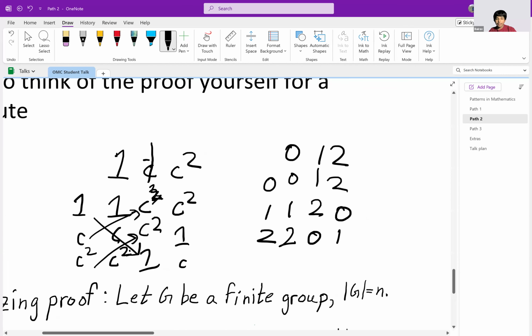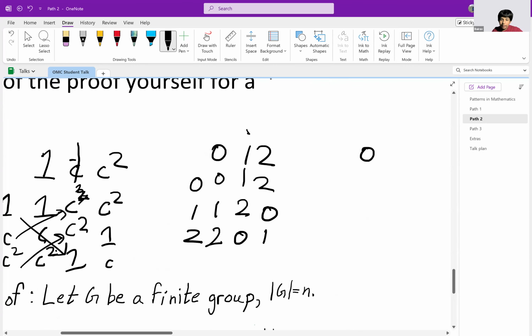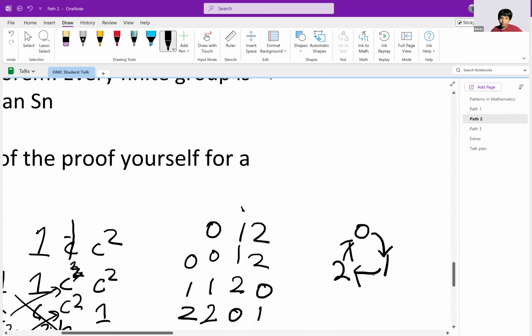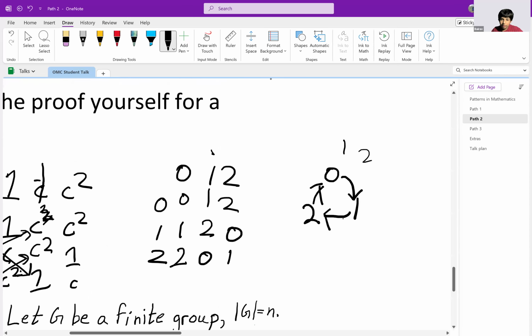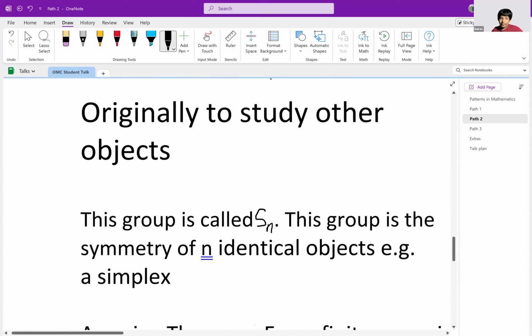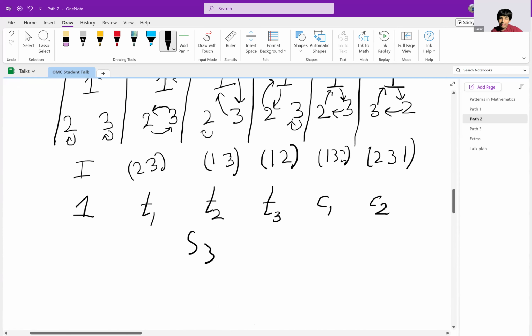So, when we take, for example, the element 1, we get the elements of this group. So, 0 goes to 1, 1 goes to 2, and 2 goes to 0. And if we just renumber these as 1, 2, and 3, we can see this is one of these.